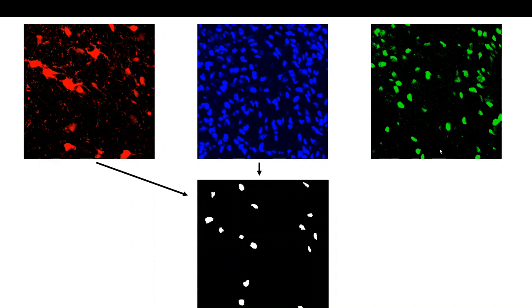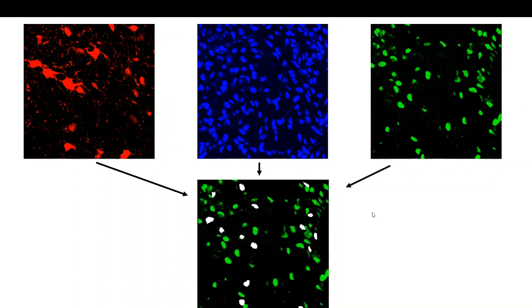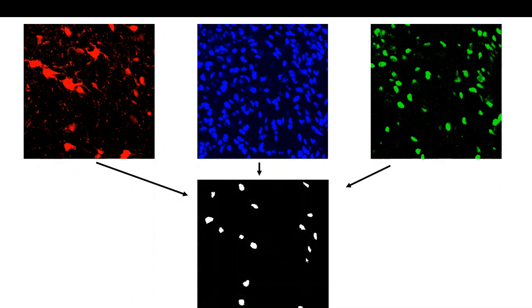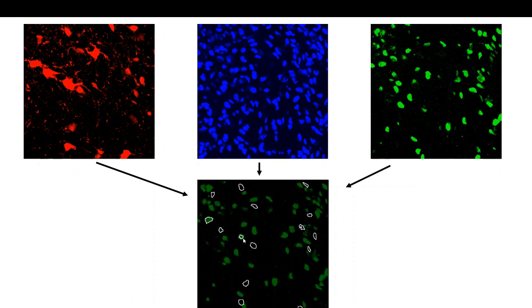However, I could not simply overlay the picture, because then all the green signals would be hidden under the white signals. So I came up with the idea of converting this white signal into outlines. So these showed the nuclei of all the vestibulospinal cells, and now I could overlay the transcription factor image on this image.